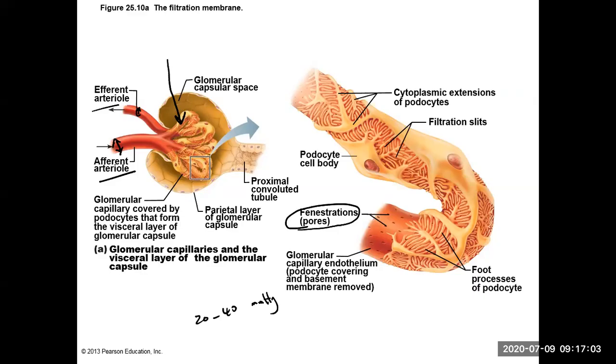So what about the glomerular capsule, or Bowman's capsule, as we called it? The layers surrounding the glomerular capillaries have these podocytes. Podo means feet, cyte means cells.